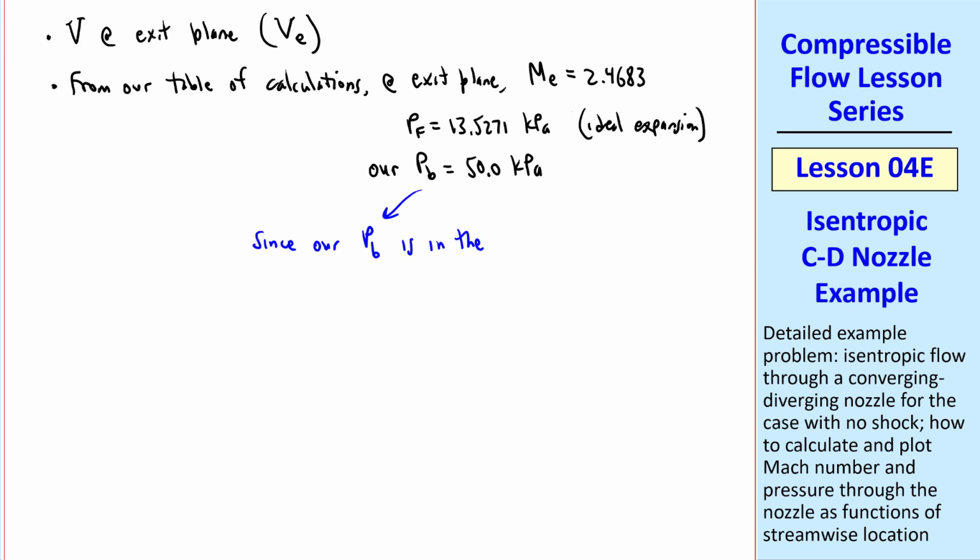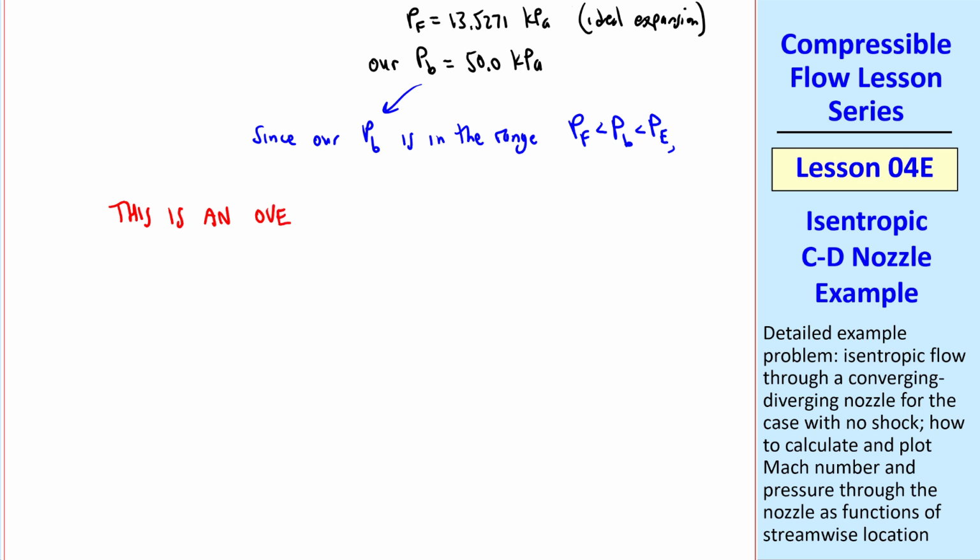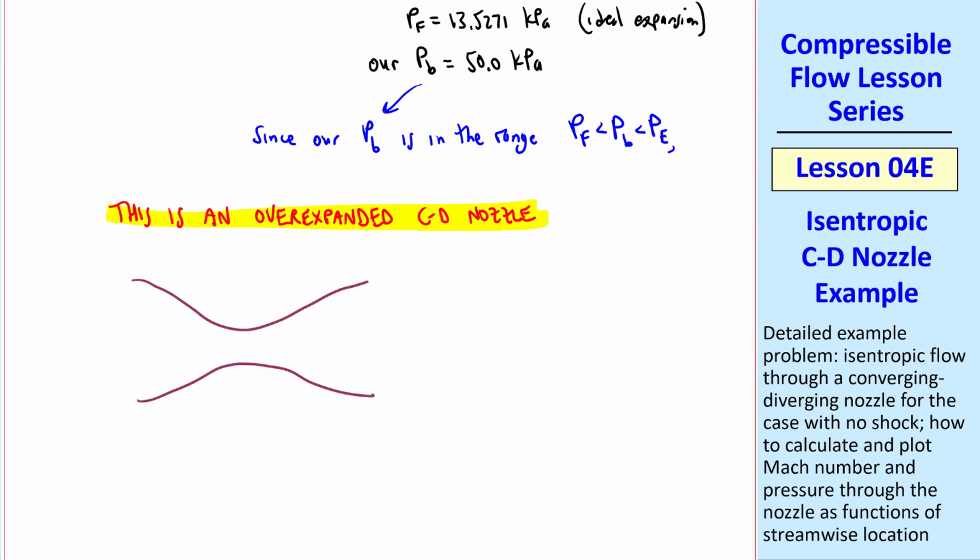As I've mentioned before, since our PB is in the range between PF and PE, this is an overexpanded CD nozzle, which from previous lessons is the one where the jet is pushed in by the back pressure, since PB is greater than the ideal expansion case, and we get shock diamonds and other interesting effects down here.